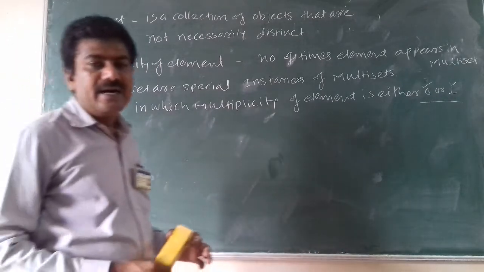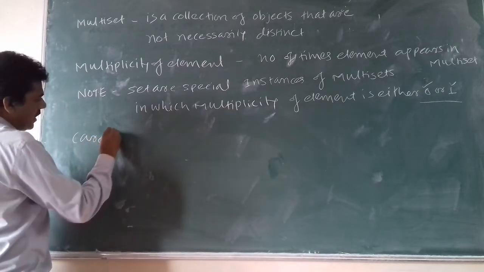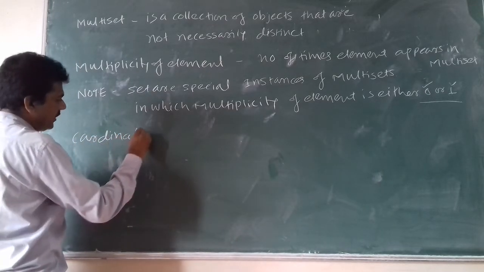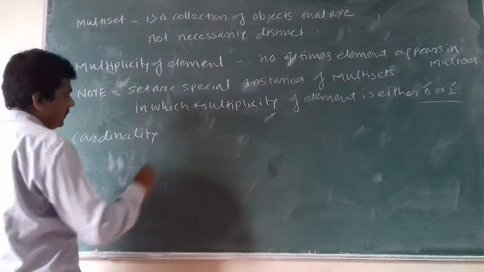Now next is the cardinality of a multiset. As we know, the cardinality of a set is the number of elements in that set.